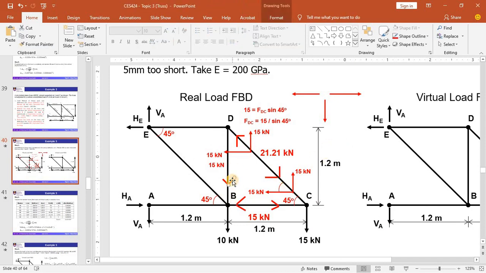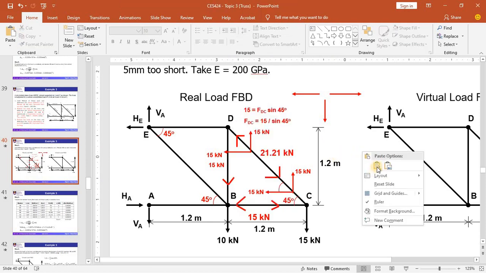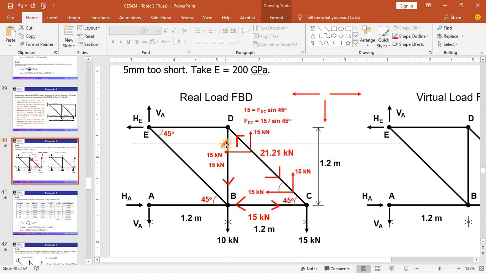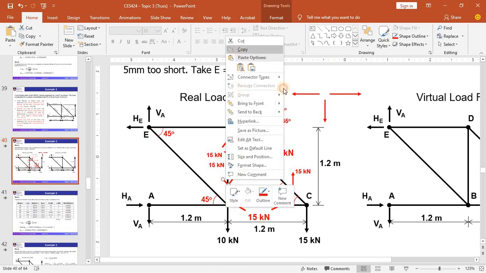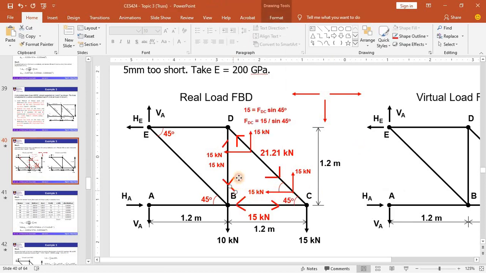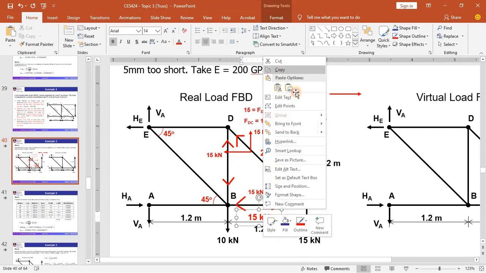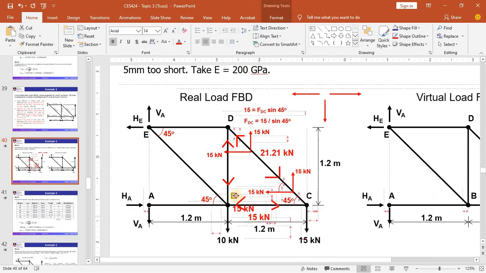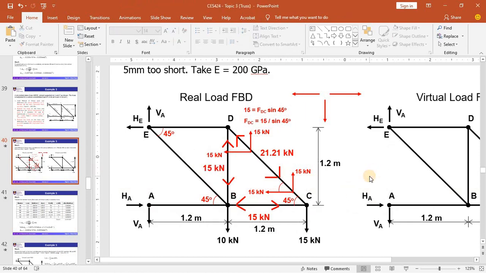To complete the arrow for this member, I need to indicate this arrow towards joint D as well. So this is 15 kilonewton. We just solved the internal force in member DB: it is 15 kilonewtons in compression because the arrow is towards the joint.